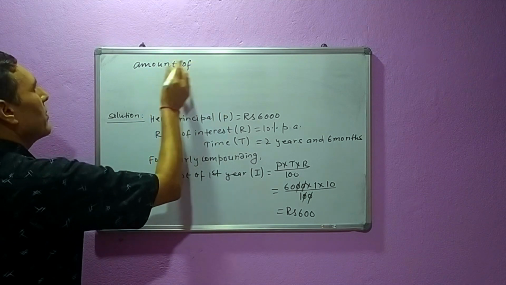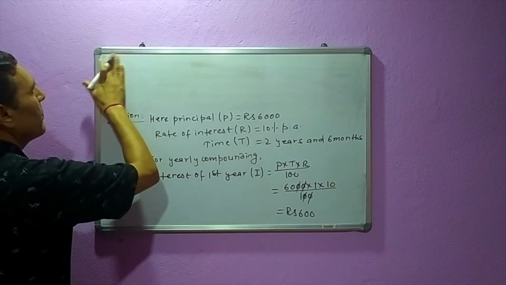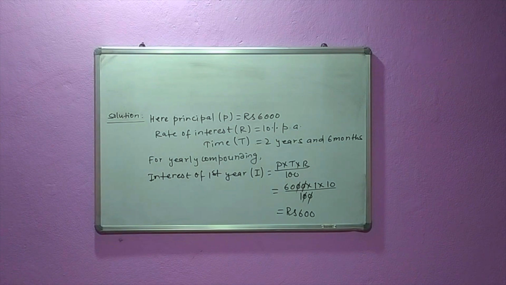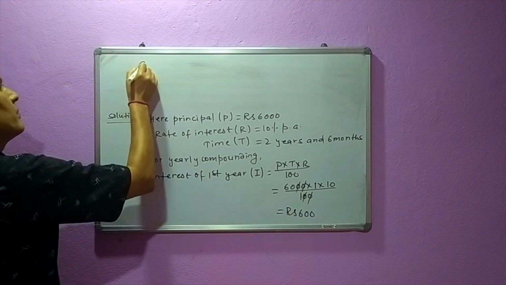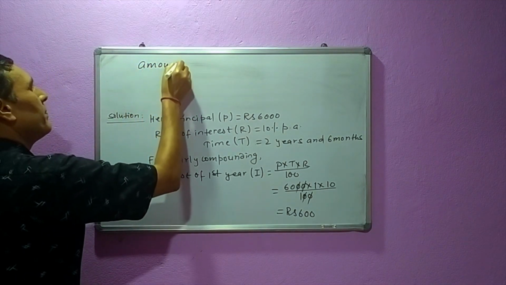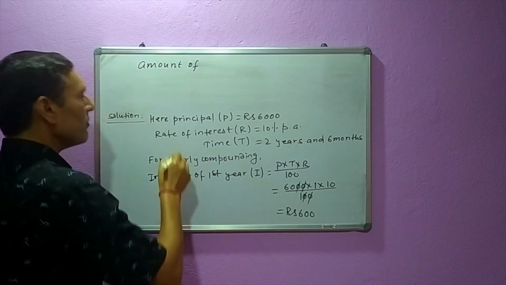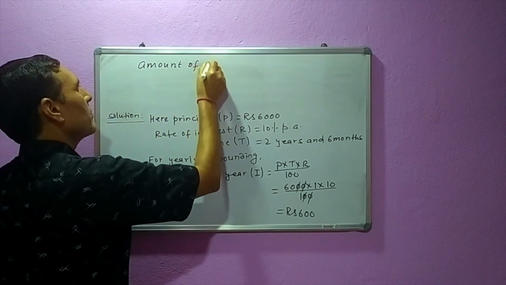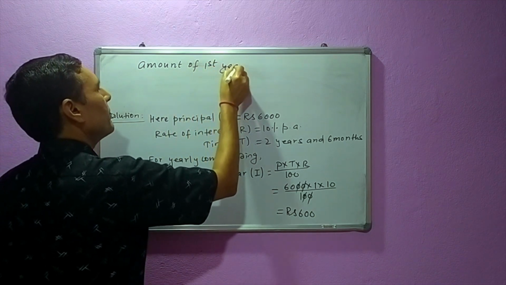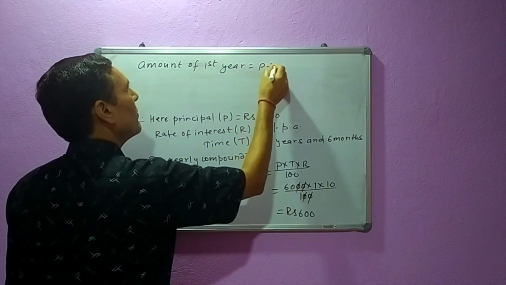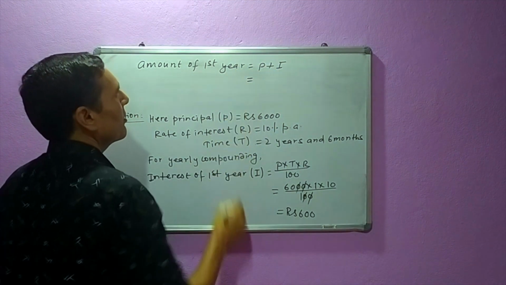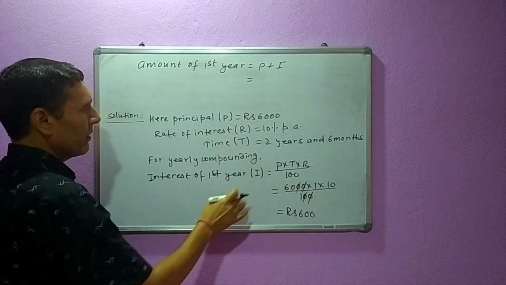So amount of first year is equal to sum of principal and interest.